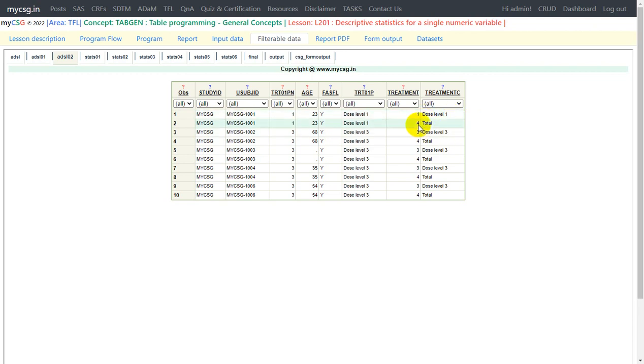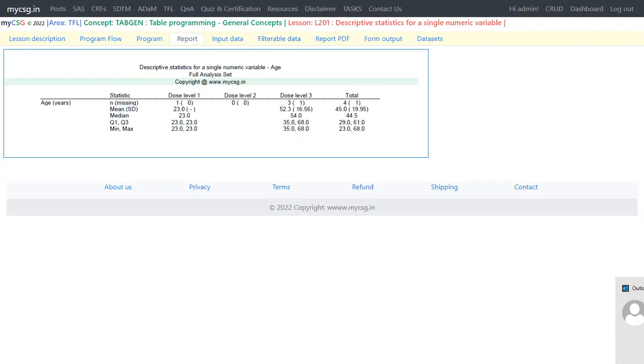So 1, 3 and 4 were present. If we do not use PRELOADFMT along with the format, proc summary generates a summary for only those levels which are present in the data, which is 1, 3 and 4. But for our reporting purposes, we also need dose level 2 to be reported with a value of 0.